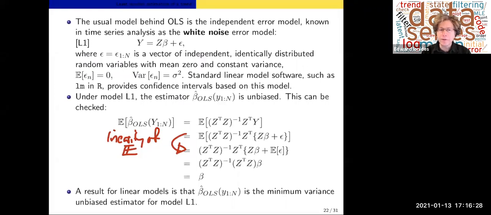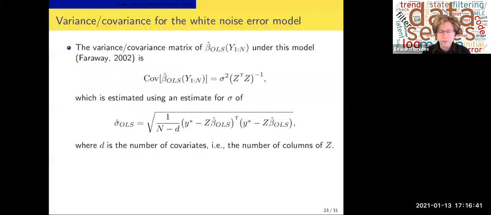Another kind of famous result for linear models is that the ordinary least square estimate beta hat is the minimum variance unbiased estimator for model L1. Under this model, we can also calculate the variance covariance matrix of beta hat under the model.